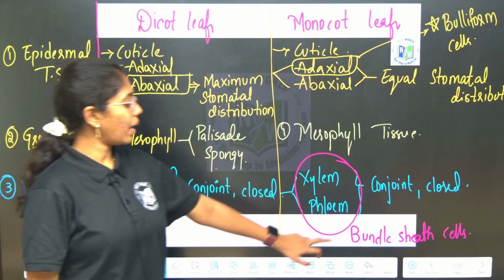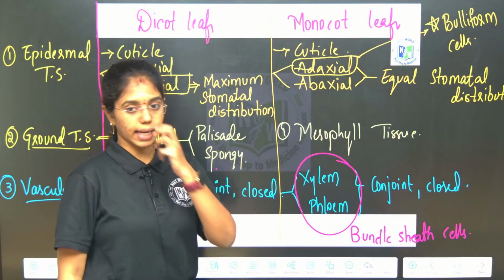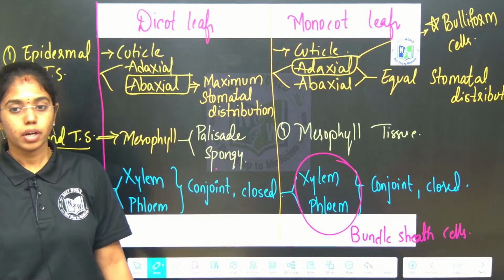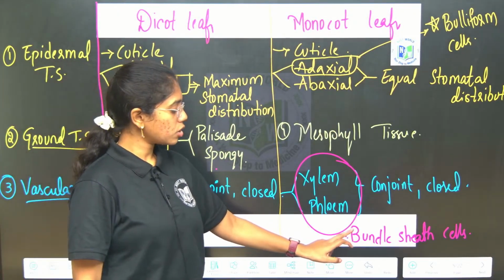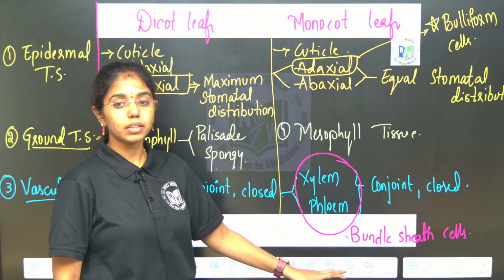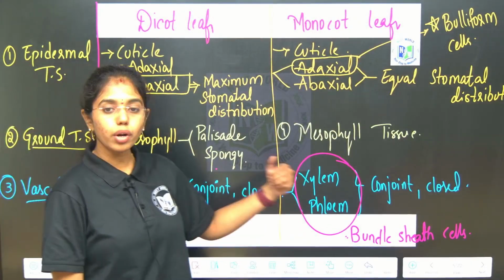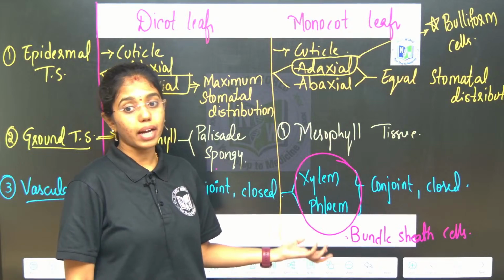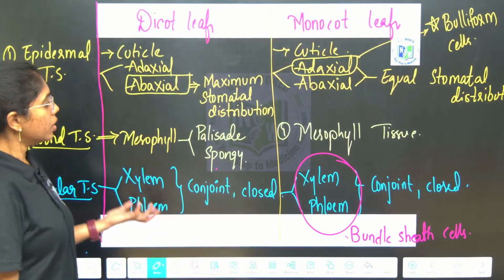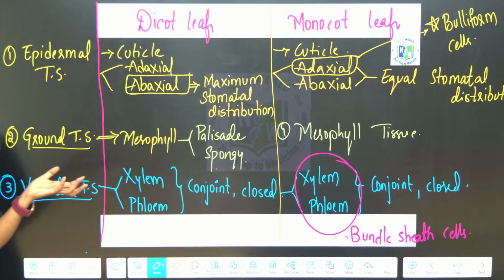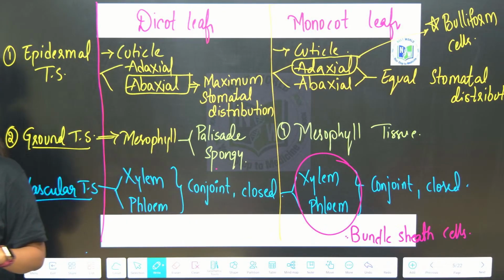These bundle sheath cells have agranular chloroplasts and operate the C4 pathway. We will discuss this in more detail when we are done with plant physiology. Take down the differences and then we will move on to secondary growth.